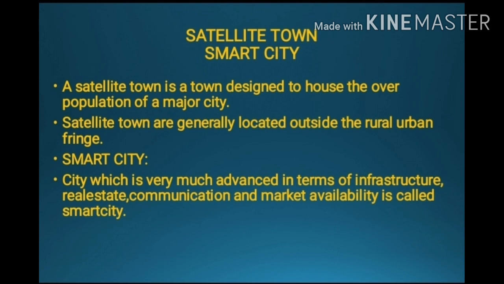For example, in India, we can see Jaipur, Surat, and in Tamil Nadu 12 major cities to be transformed as smart cities. They are Chennai, Madurai, Tirunelveli, Tiruchirappalli, Salem, Vellore, Coimbatore, Thoothukudi, Dindigul and Erode.